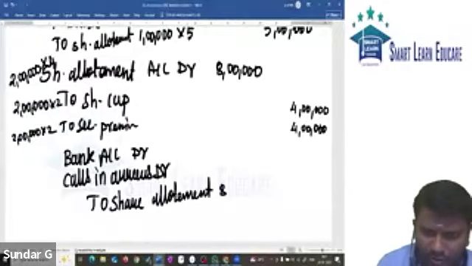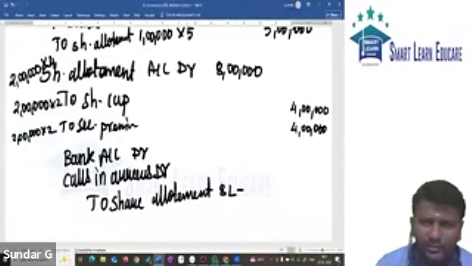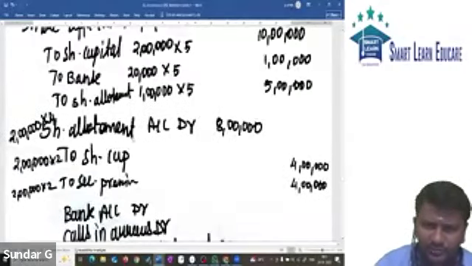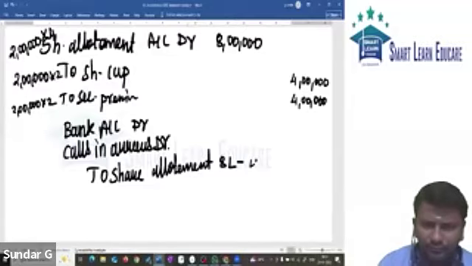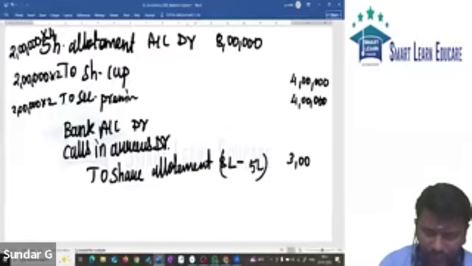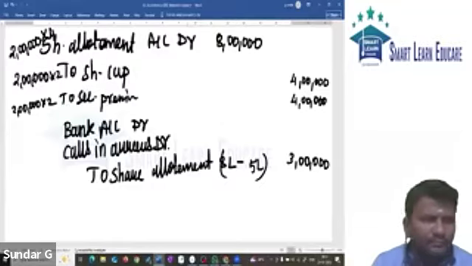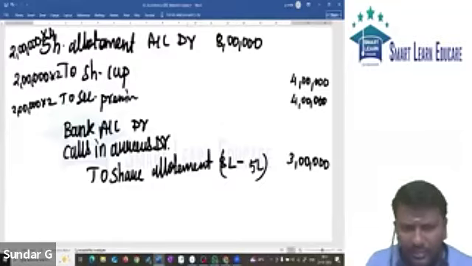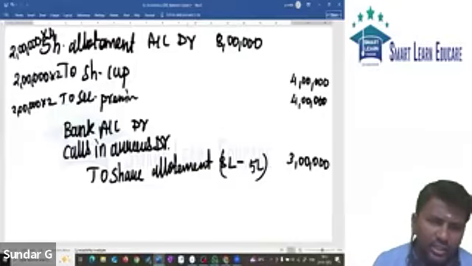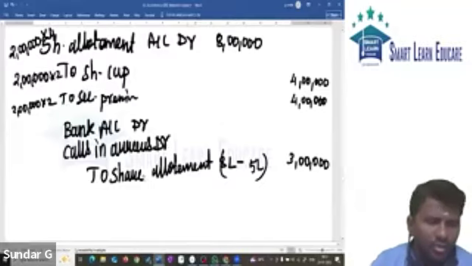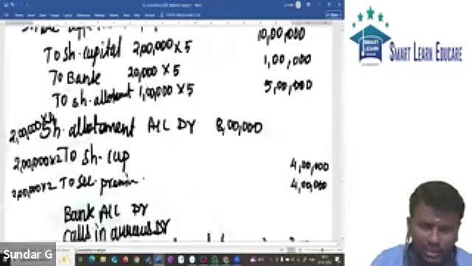We are supposed to receive 8 lakh, but already we received 5 lakh. 8 lakh minus 5 lakh gives 3 lakhs. In this 3 lakh, we have to debit bank and calls in arrears. Calls in arrears question is given.